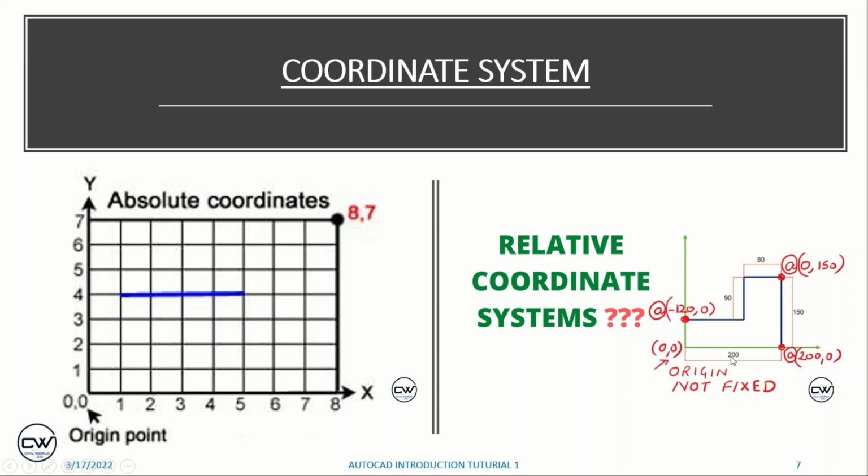The x direction here is 200, so x equals 200 comma y direction is 0. So 200 comma 0: x is 200 and y is 0. We can call these relative coordinates. For example, if you need this point in the relative coordinate system, x is 200 and y is 150.